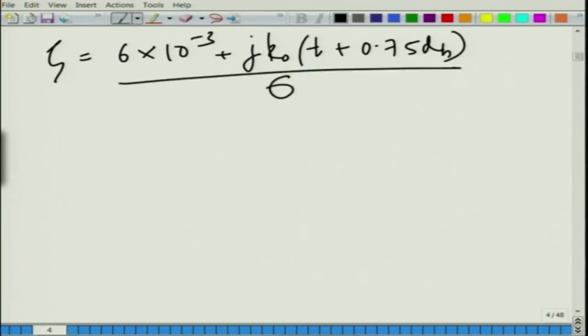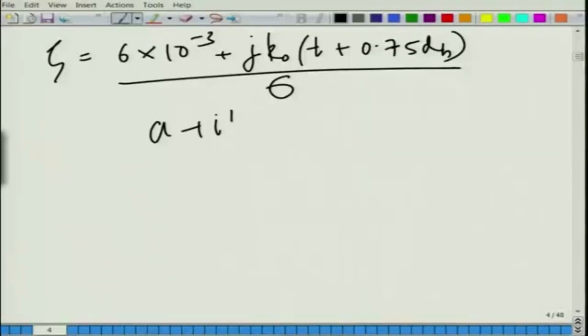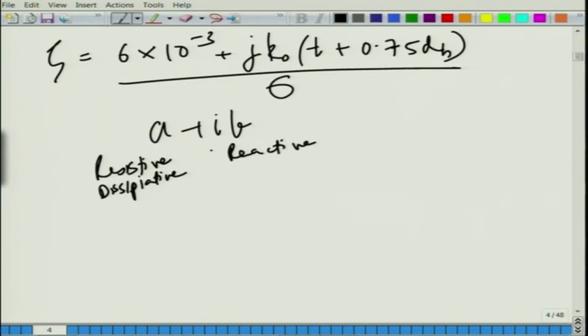One thing that is important in perforates, and we will soon see, is that this perforate impedance expression is complex. It is of the form A plus iB: a resistive part, or dissipative part, and a reactive part, or something that does not dissipate energy.